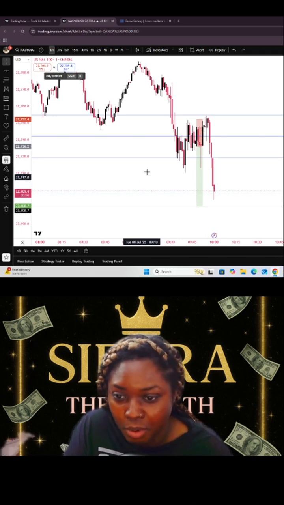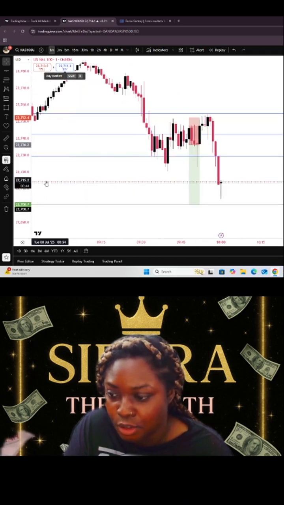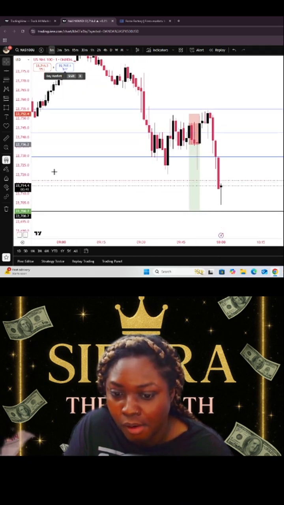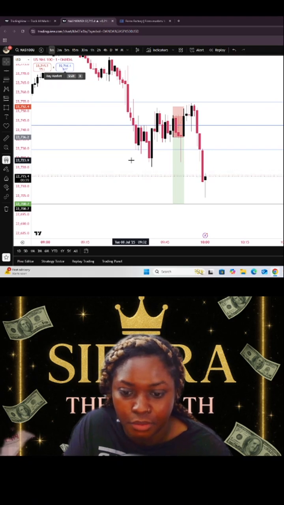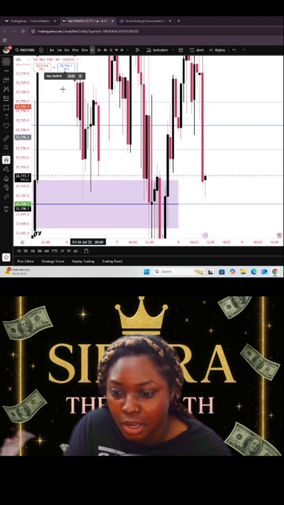I really hate that price did not hit my zone, but it did what it was supposed to do. Okay. See, Nas play all day, because why would you get this close and not hit it?